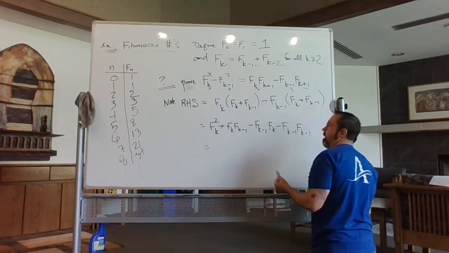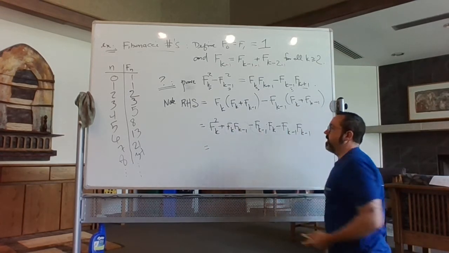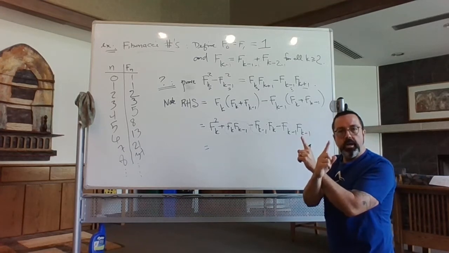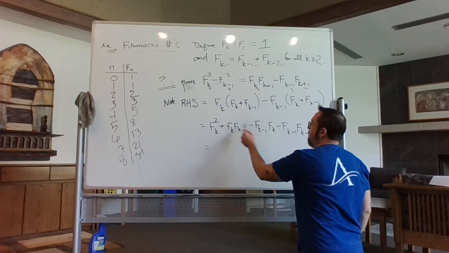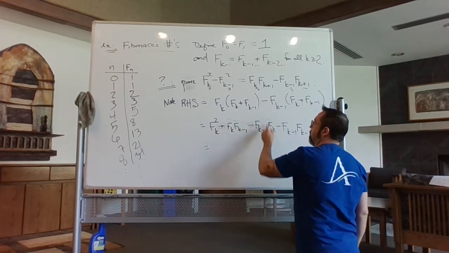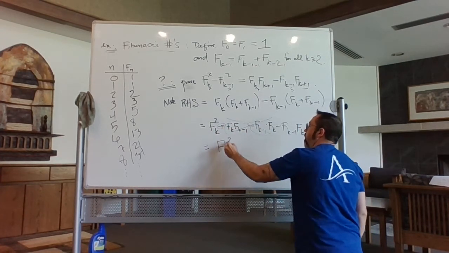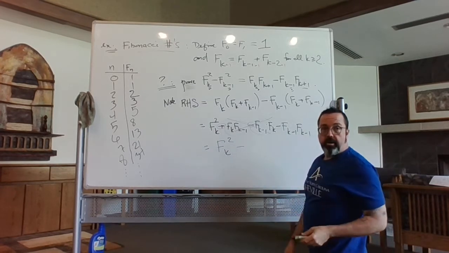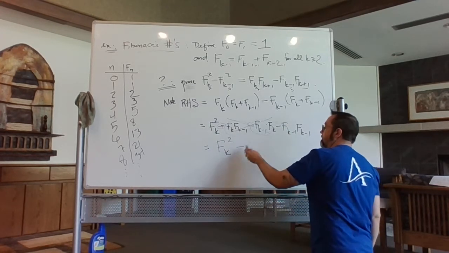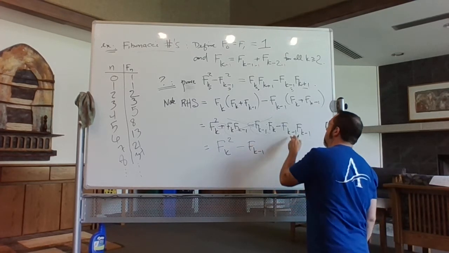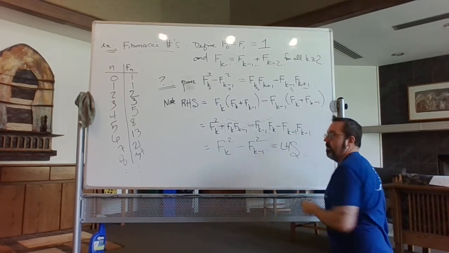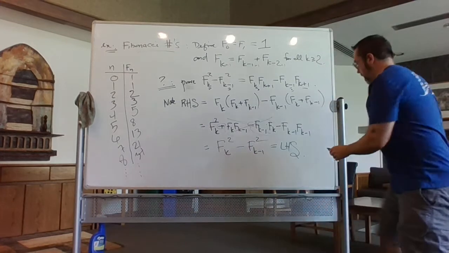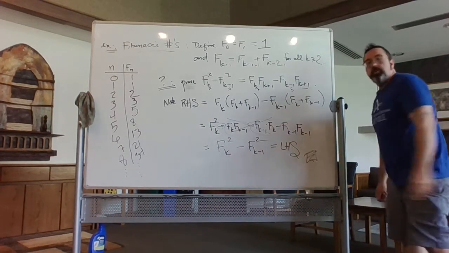Well, notice that these two cross terms, even though they're written in a different order, because multiplication is commutative, it doesn't matter which order we multiply them. One of them has a plus, one of them has a minus, so those cancel out. And all we get is that f sub k squared to start with, minus f sub k minus 1 times itself. That is just the left-hand side, and that is what we wanted.